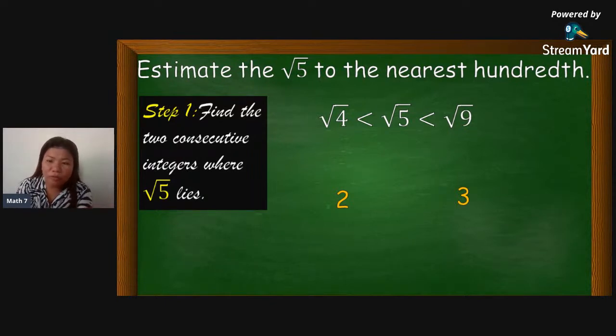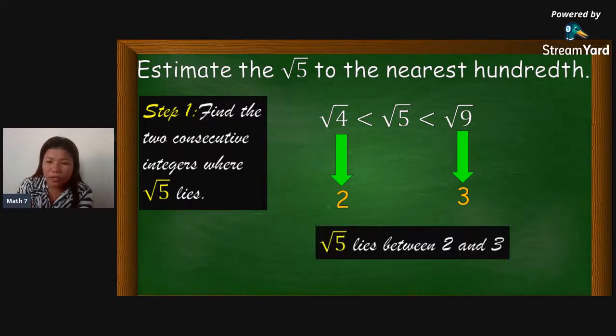So, ang principal root ng square root of 4 ay 2. Ang principal root ng square root of 9 ay 3. Okay, so ibig sabihin, square root of 5 lies between 2 and 3. Pakikopya po nito. Kapag tapos ng kopyahin, type done.